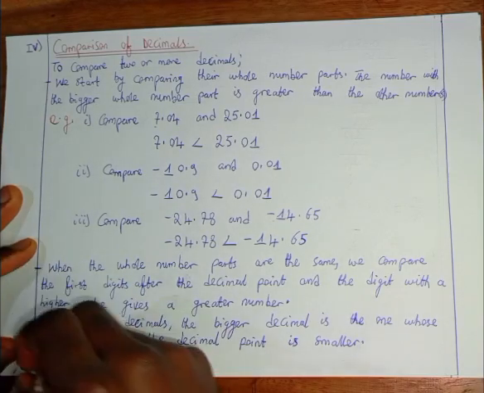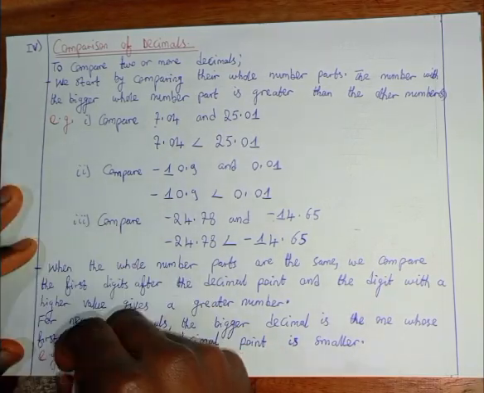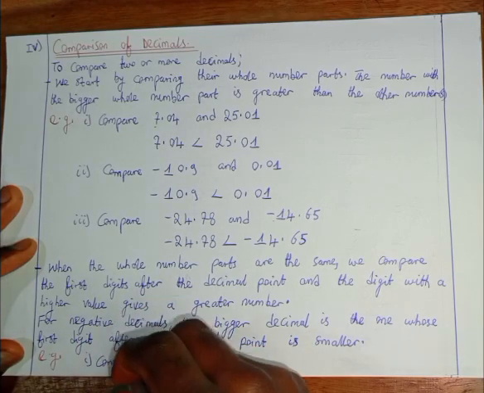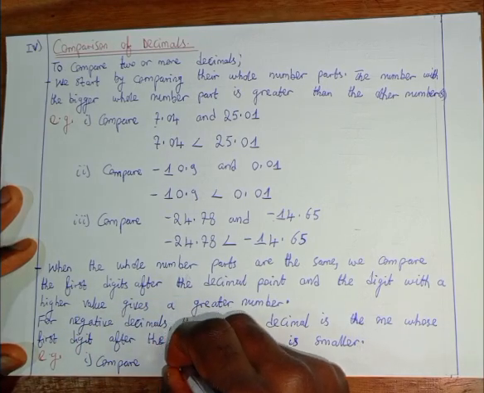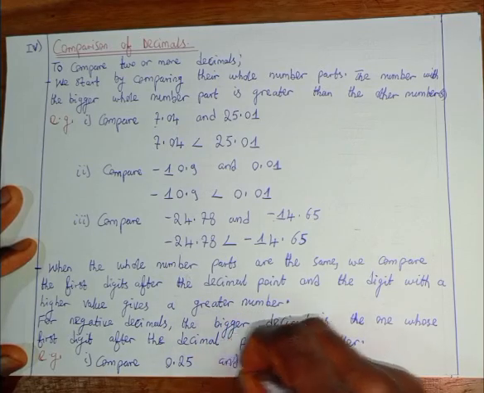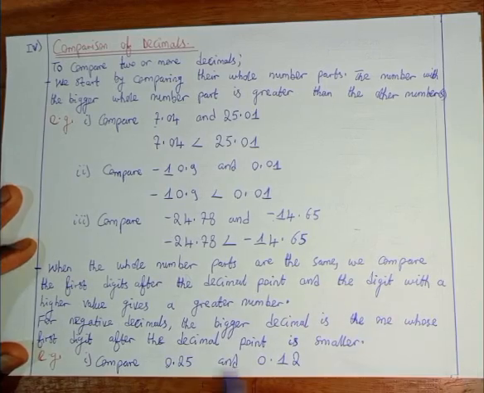Let's take examples on this, e.g. I says compare 0.25 and 0.12. Looking at these two decimals, you see that their whole number parts are the same, 0, 0.